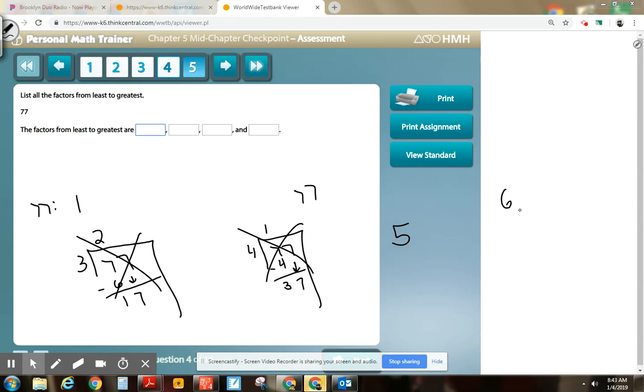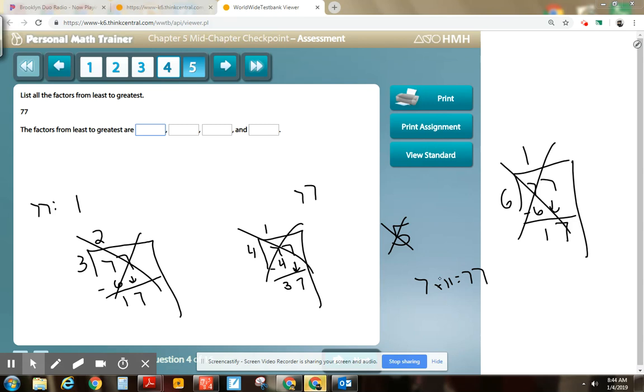Can 6 fit into 77? Can 6 fit into 7? Yep, 1 time, take away 6, 1. Can 6 fit into 17? Nope. Let's try 7. Well, 7 times 11 equals 77. Oh, so our factors would be 7 and then 11. All right, so let's go ahead and put them in. 1, 7, 11, and 77.